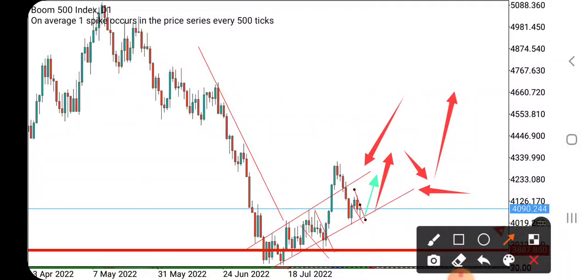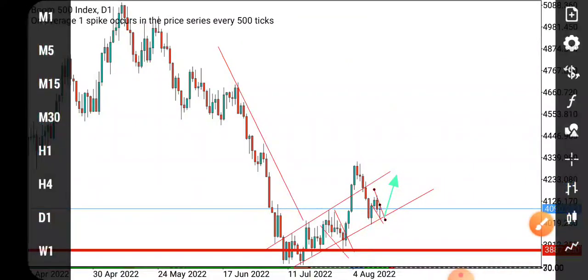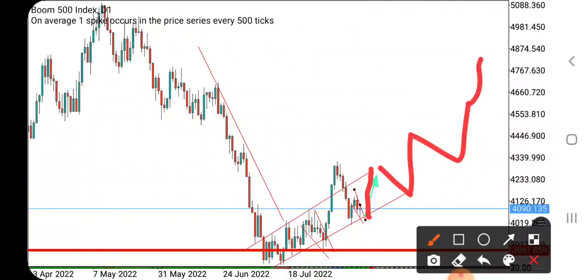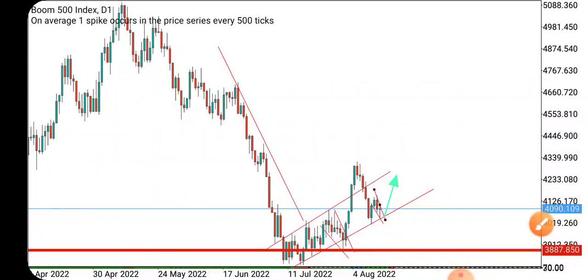So you can see the channel I put in there. I'm expecting the price to push more up for the week, to this point, then maybe reverse and keep making this movement to the upside. All right, so that's the overview using the daily time frame.